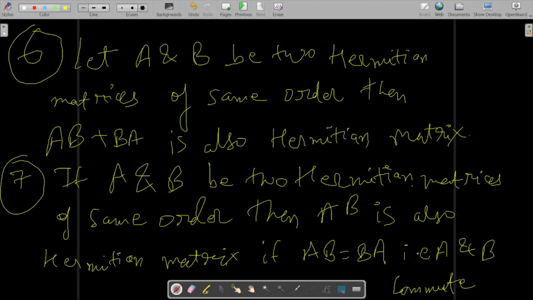Now the eighth property, the proof of which I am going to give you.